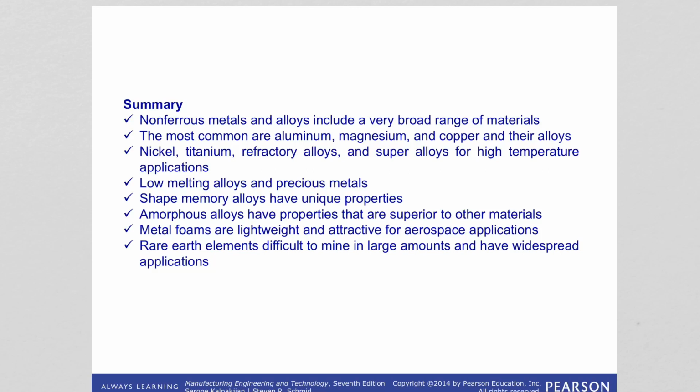There are also low melting point alloys and precious metals with unique properties. And there are shape memory alloys, amorphous alloys, metal foams which are lightweight and attractive for aerospace, and rare earth elements which are difficult to mine in large quantities, but they have widespread application areas.